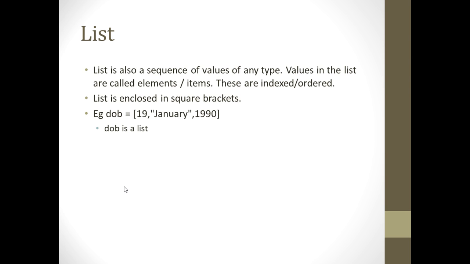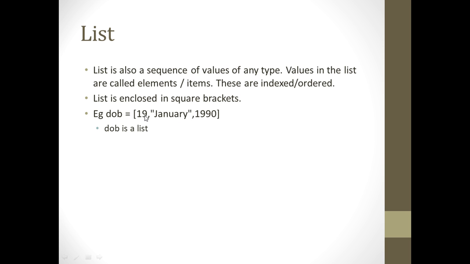The next is a list. Now, list is a sequence of values, and these values that I give within list are called elements. So, if I have a list here, date of birth equal to square bracket, list is given in square bracket. Here I give 19 comma January comma 1990.